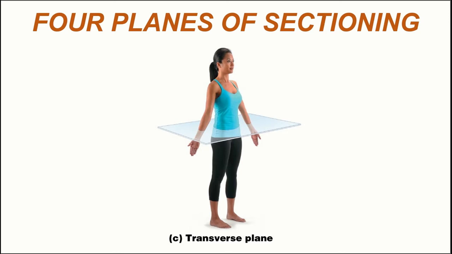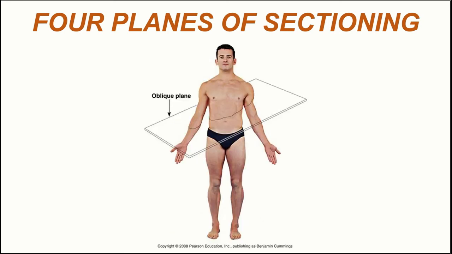Now, a 4th plane that is not as commonly used, but I'll describe here just so you're familiar with it, is an oblique plane. And an oblique plane is a plane that makes cuts or sections diagonally between horizontal and vertical planes. These are not as frequently used because they are not very straightforward to analyze.